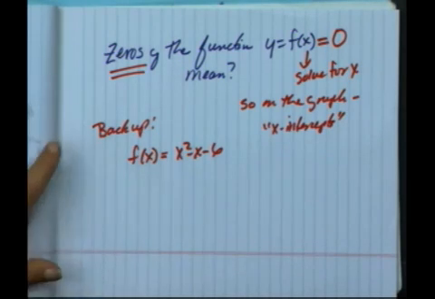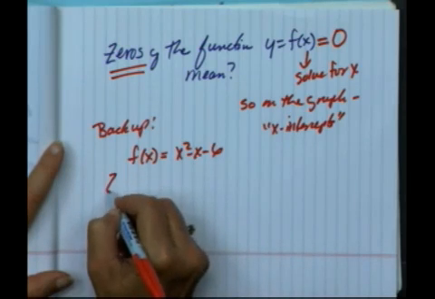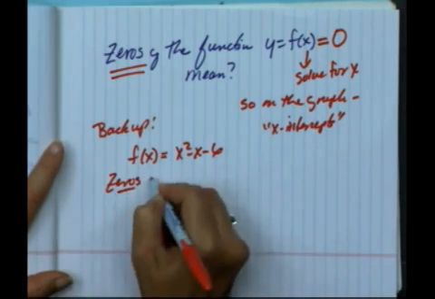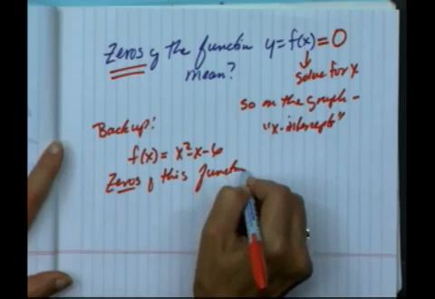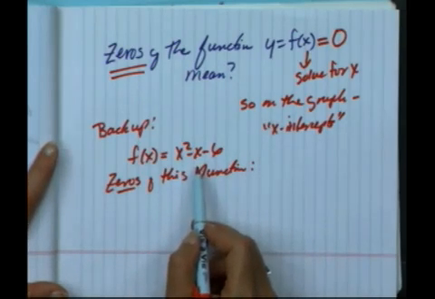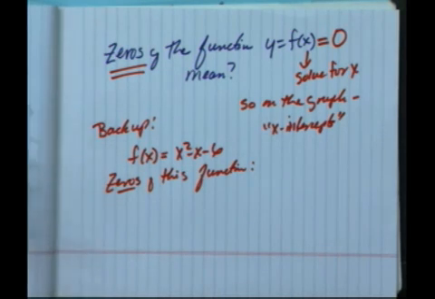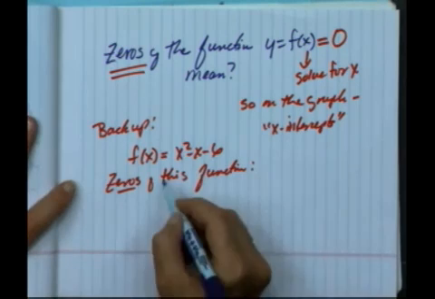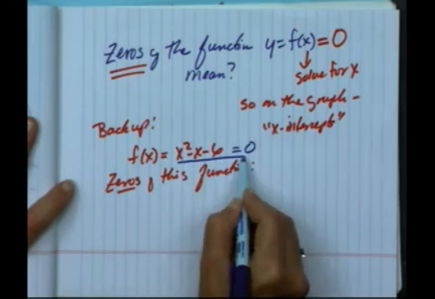Let me ask you for the zeros of this function. What are you going to do? Set it equal to 0 and solve. It's like finding your x-intercepts.